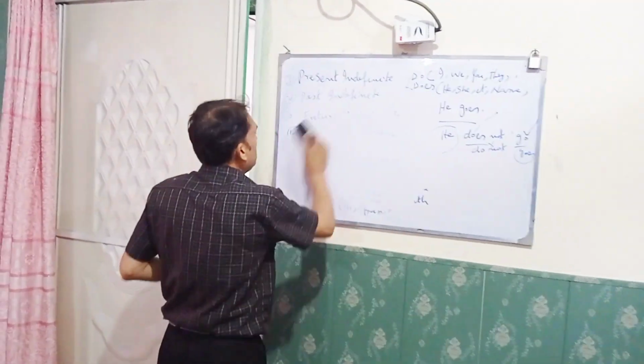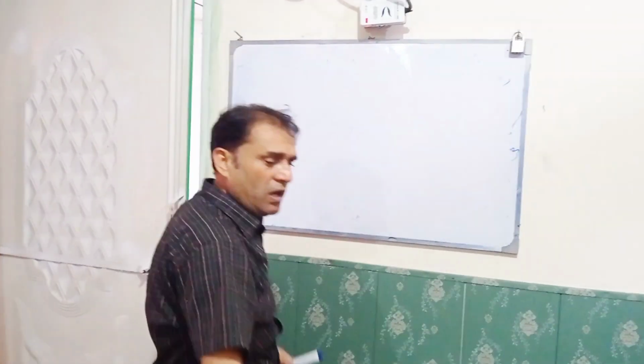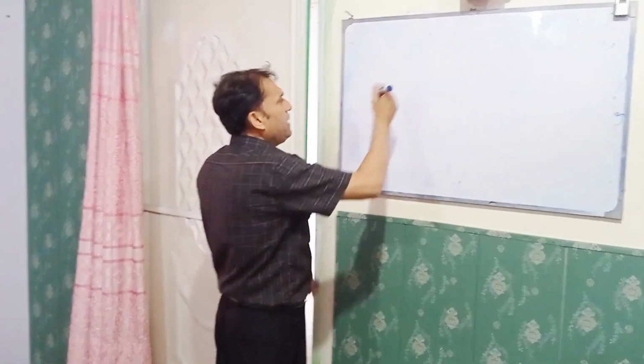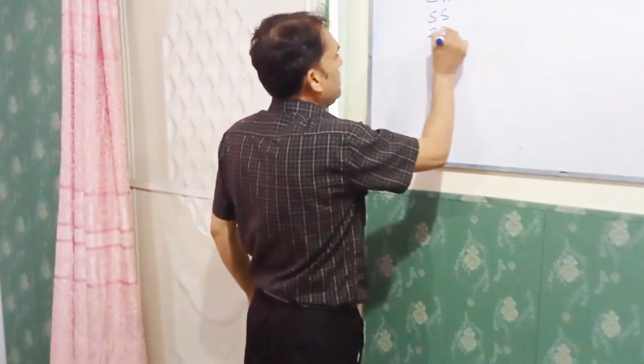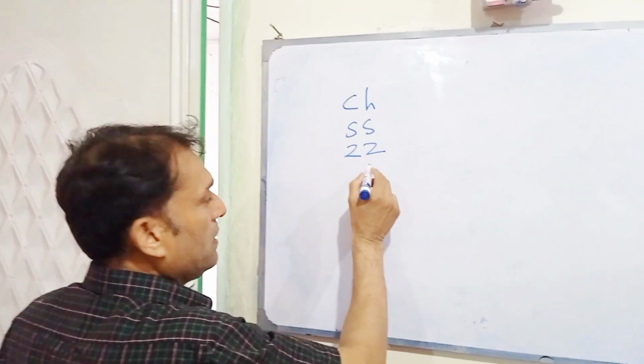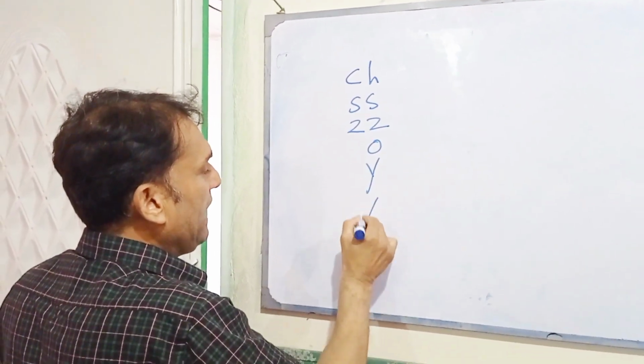The words which end in letters, वो words जो अभी तक हमें ये पता है कि S सिर्फ इस्तेमाल करते हैं और ES इस्तेमाल करते हैं. The words which end in letters CH, double S, double Z, SH, O, Y, X.